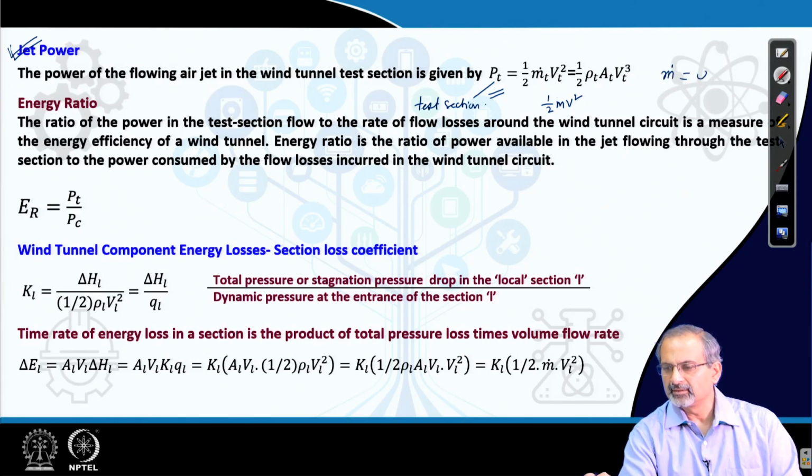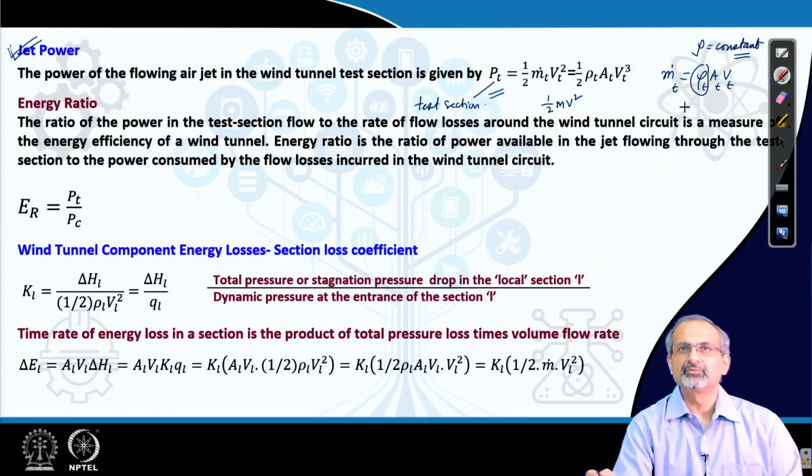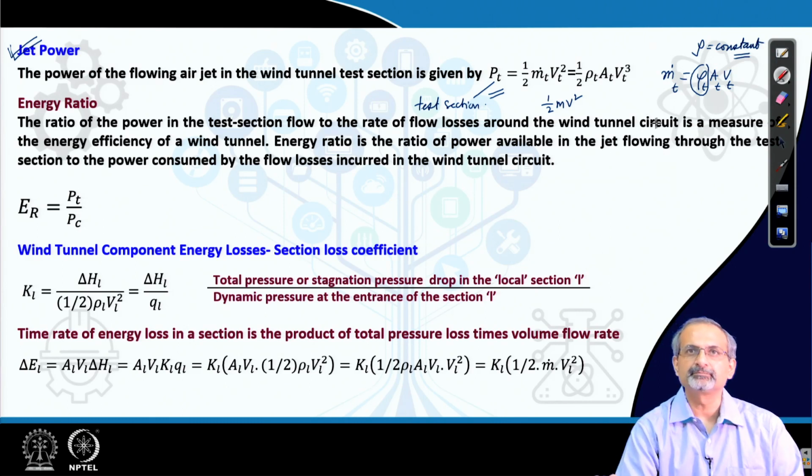Then m dot is rho times A times V. At the test section, it is all T subscript. Remember, we are talking about low speed tunnels, and therefore, in general rho can be considered to be constant because of obvious reasons, but still we are demarcating it with T here.